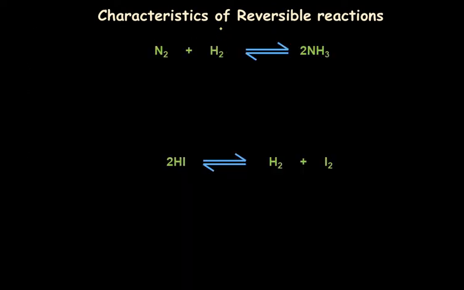Now let me explain the last point of this video, that is the energy changes related to the reversible, that is the equilibrium reactions. With the first example, where nitrogen and hydrogen react to form ammonia, here let me balance it. Now the forward reaction is an exothermic reaction.